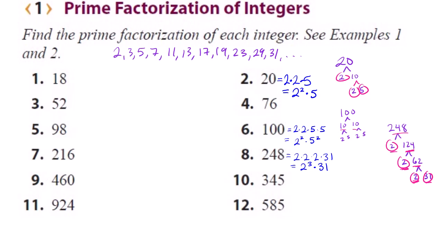So number 10 and 12, these numbers end in 5, right? So we know that 5 goes into every number that ends in a 5. So I could check, does 3 go in, does 11 or 7 go in? But when it ends in a 5, I know 5 goes in. So that's a good one to check for. And I know since it does end in an odd digit, 2 won't go in, right? So 2 doesn't go into odd numbers.